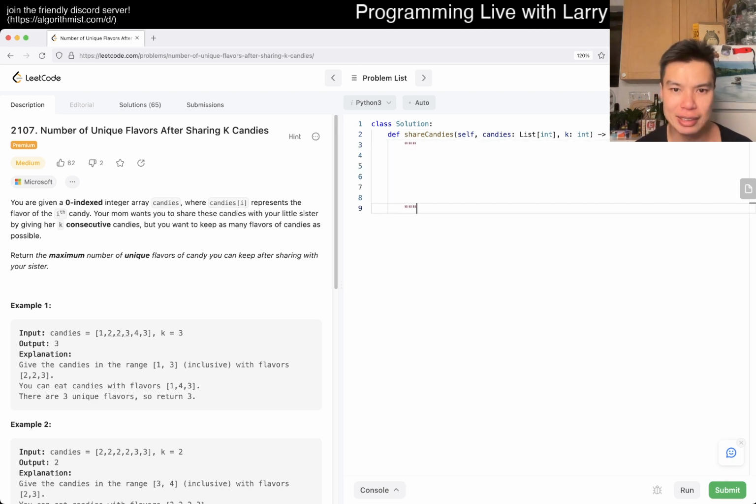What I mean by that is that I'm just doing ASCII out here. The way that I would think about it is, okay, let's start with giving the last 3 to your sister, right? And then the sliding window is such that when you move this thing to the left, you're just removing this bit and then adding the last thing, right?